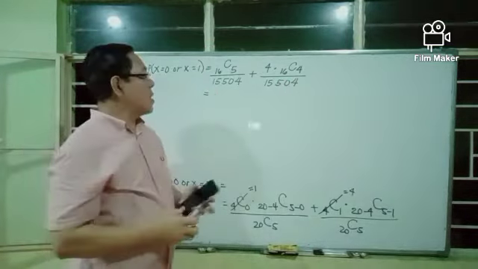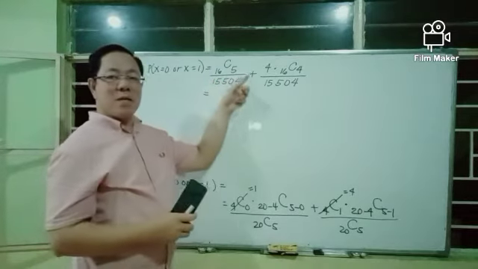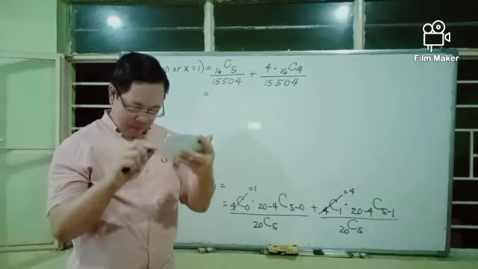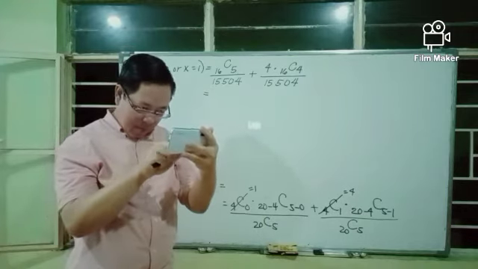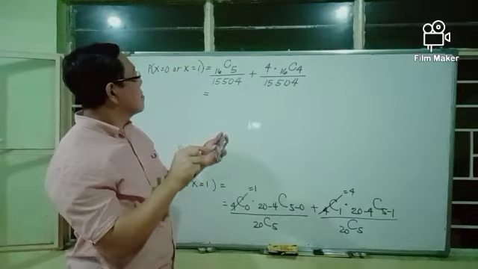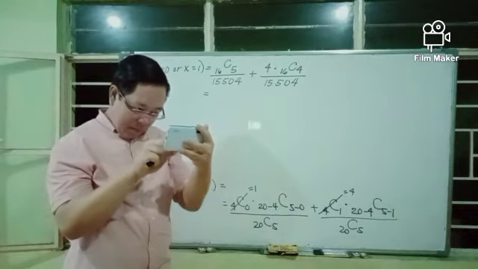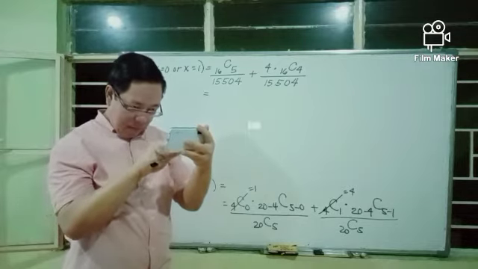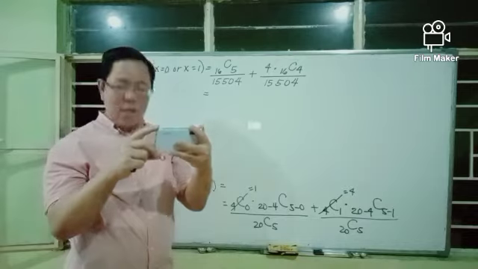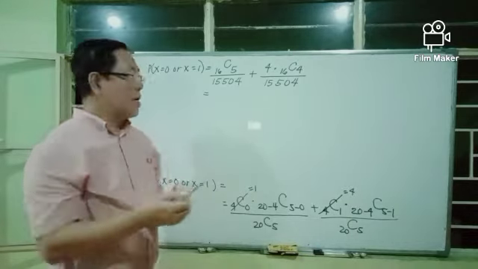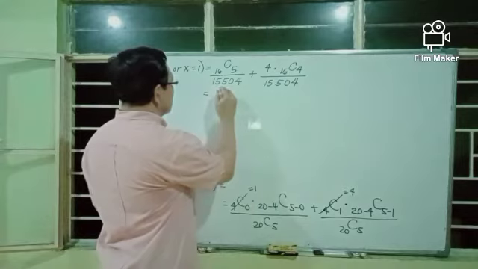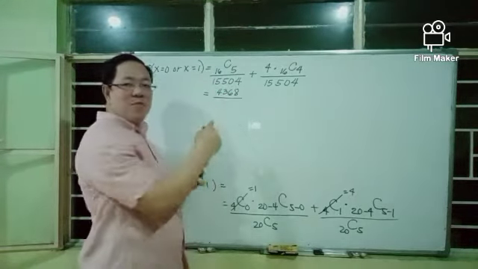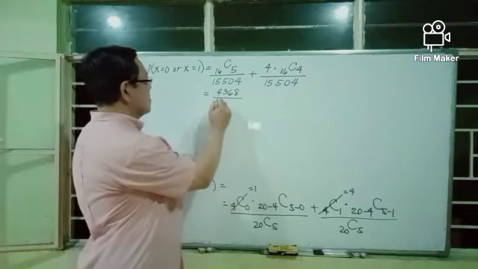We compute combination of 16 taken 5 using our calculator, and you should get 4,368, divided by 15,504.